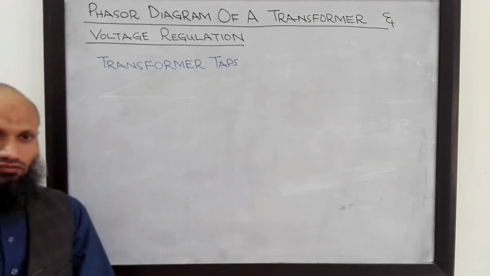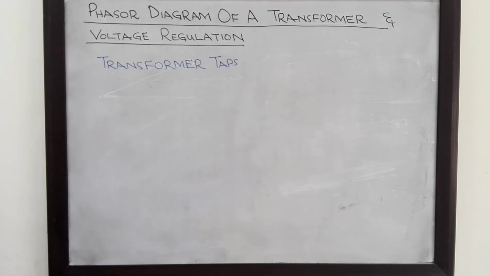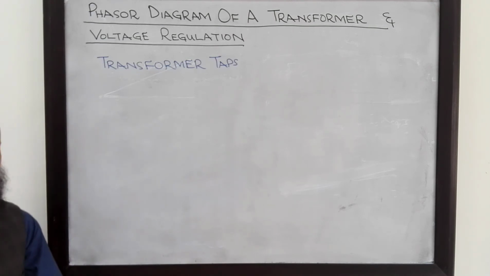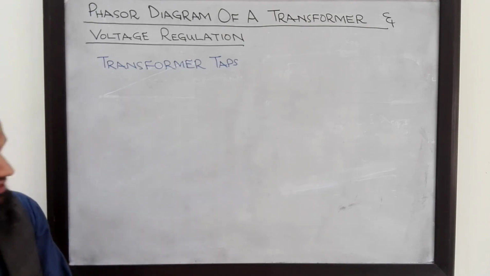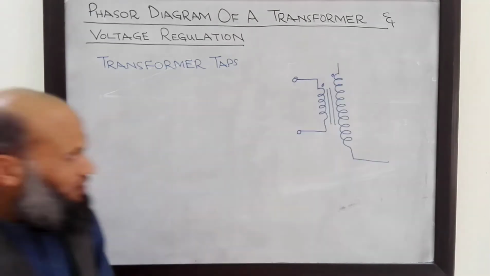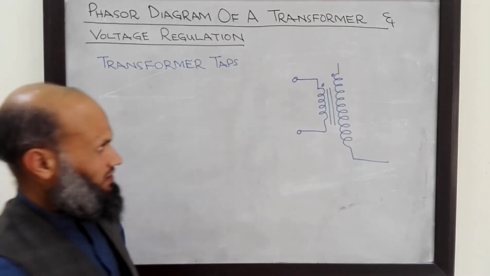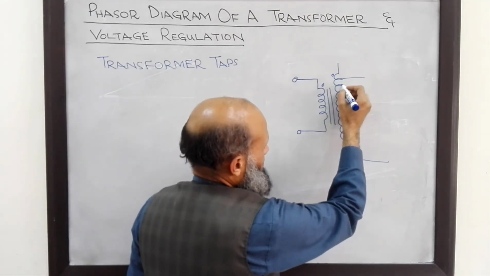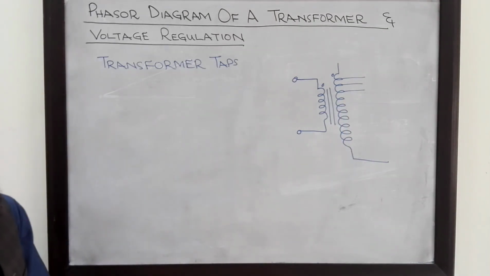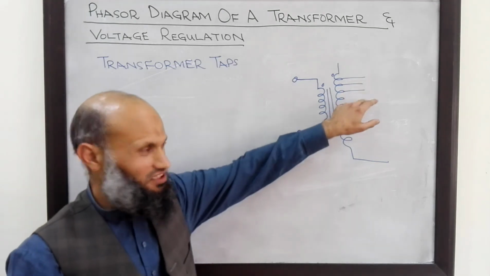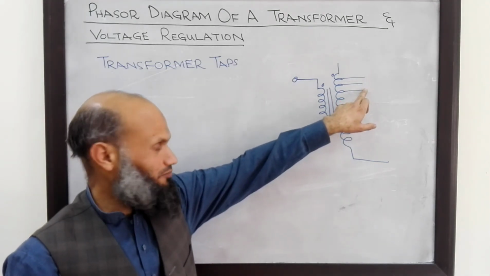Since this variation in secondary voltage is undesirable, what they do in transformers is provide multiple taps on the secondary side. That is, on the secondary side they have multiple taps, and the effective number of turns can be changed by changing the tap.